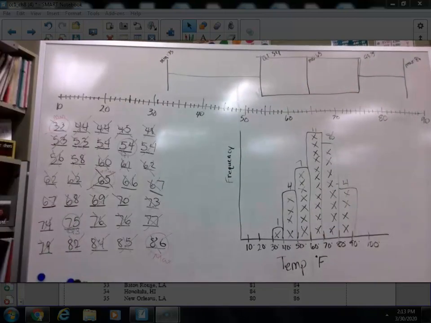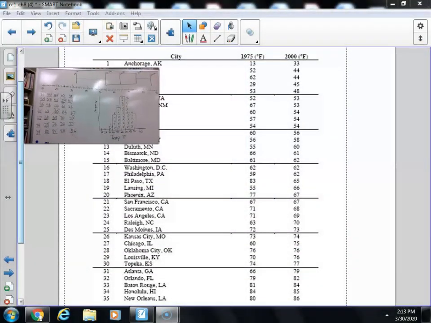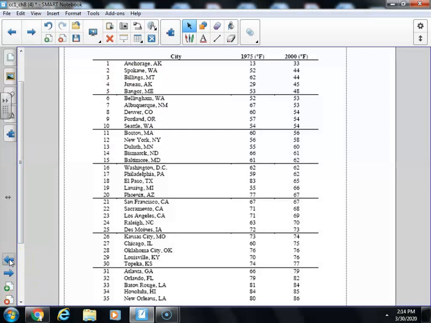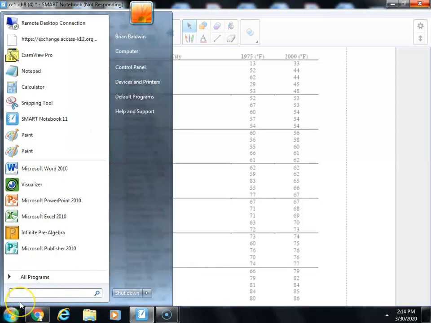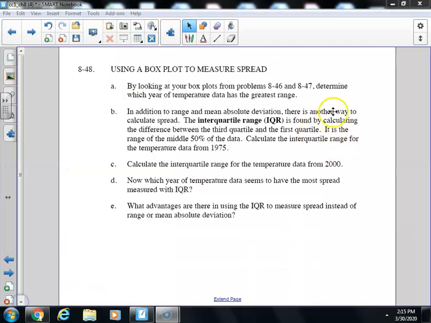All right, so question 48. Now that we've created box and whisker plots, or box plots, for those two different years of data, we're going to let you work through it, just read the questions carefully.